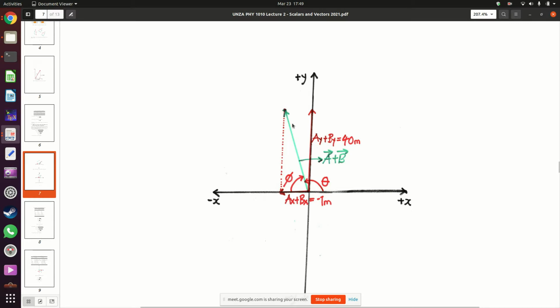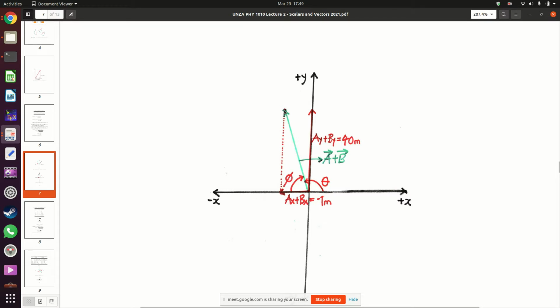The way our vector is, if I move this way, this is my a plus b. You can take this a plus b to be your hypotenuse. Then this other one, the dotted line here, you can take to be your opposite. Then this one at the bottom, you can take to be your adjacent. So basically what you have here is a triangle.